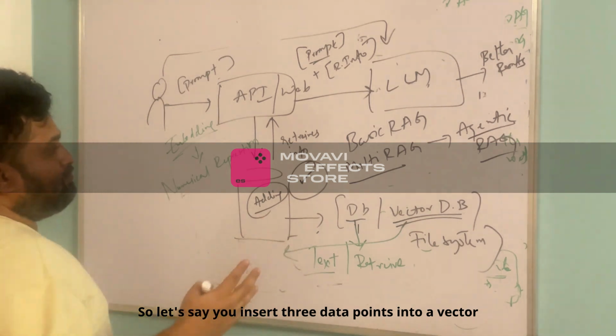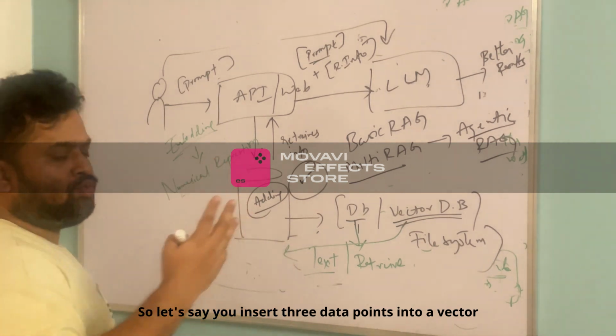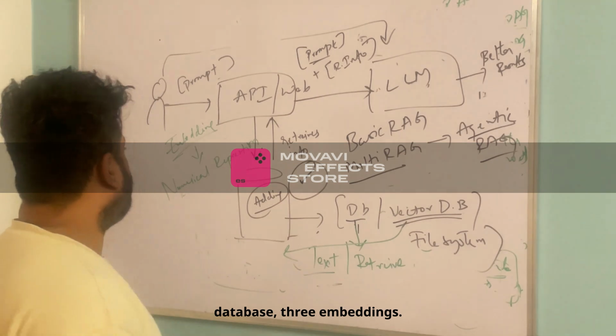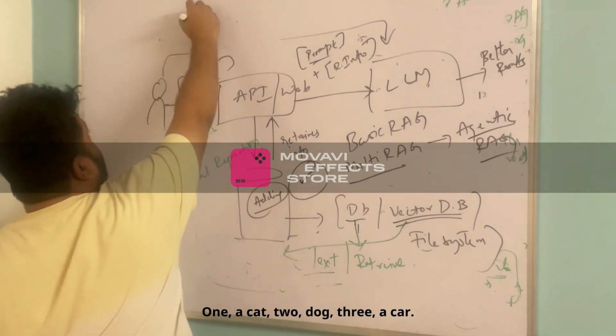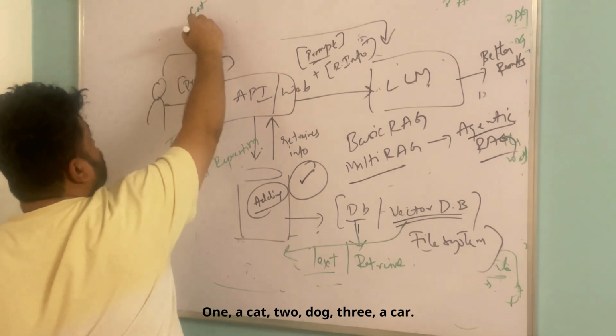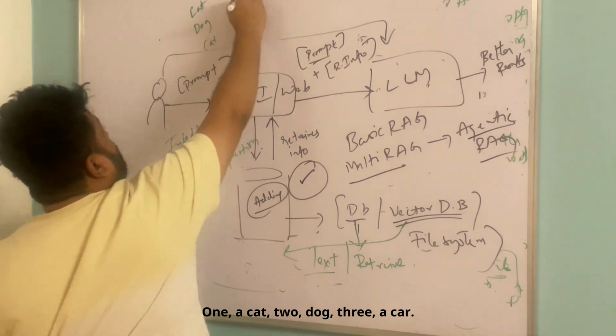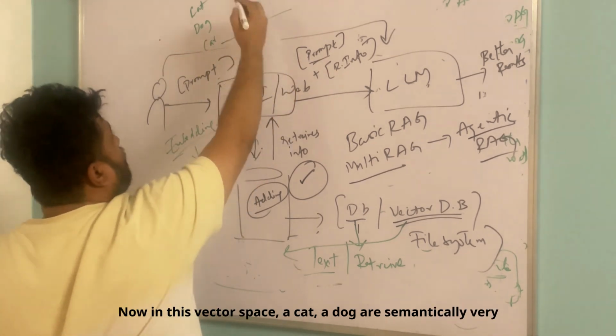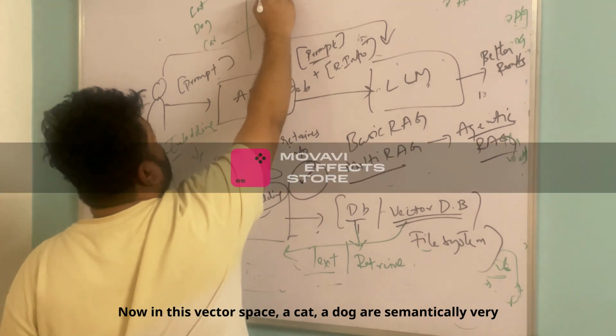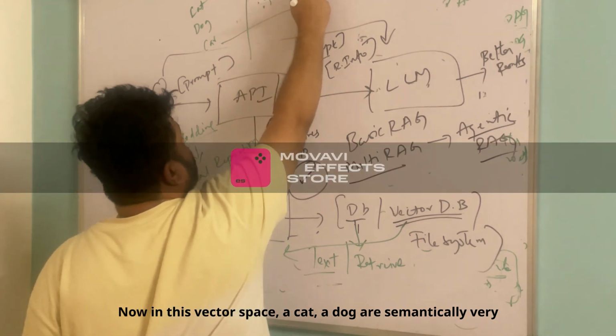So let's say you insert 3 data points into a vector database, 3 embeddings: 1, a cat, 2, a dog, 3, a car. Now in this vector space, a cat and a dog are semantically very near.